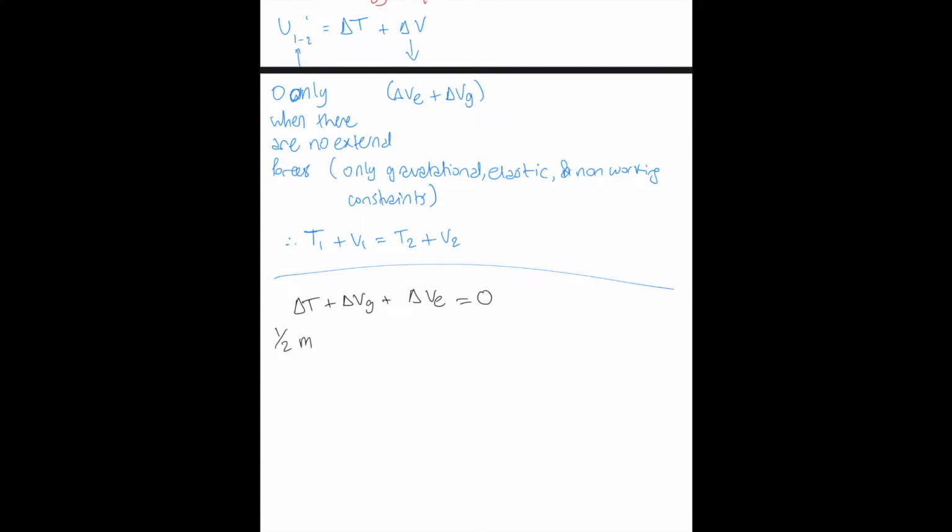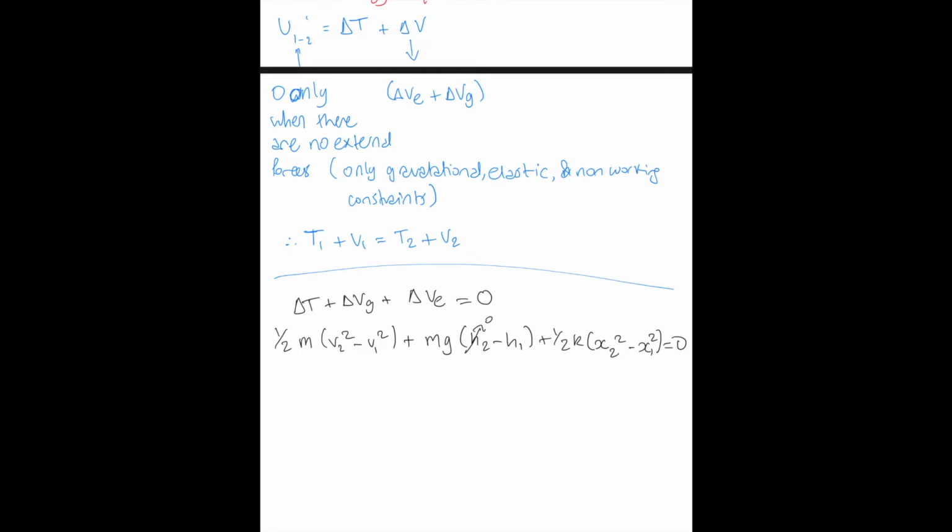And we know the equations for all of those. So we're going to have half m (v2 squared minus v1 squared) plus mg(h2 minus h1) plus half k (x2 squared minus x1 squared) is all equal to 0.